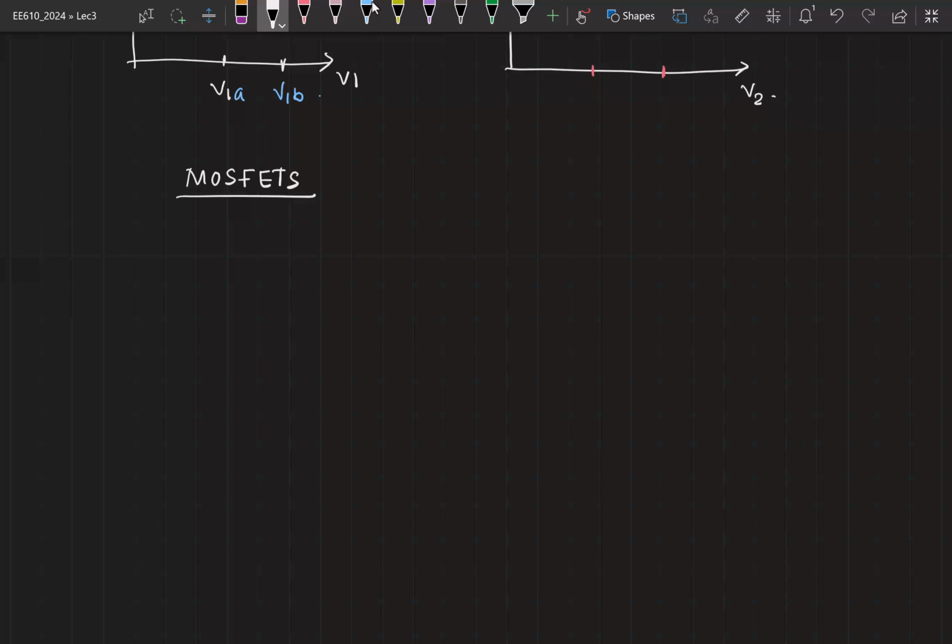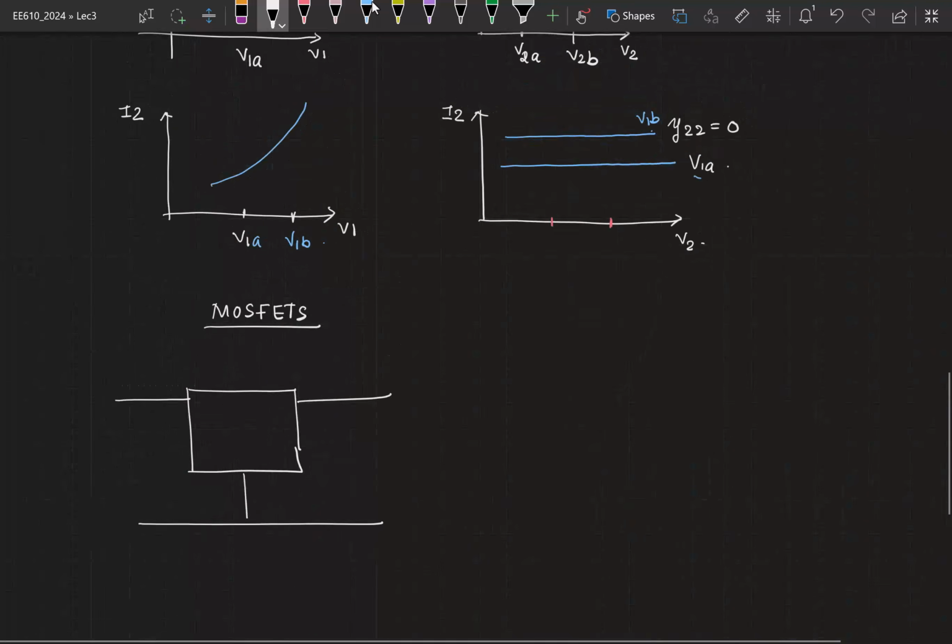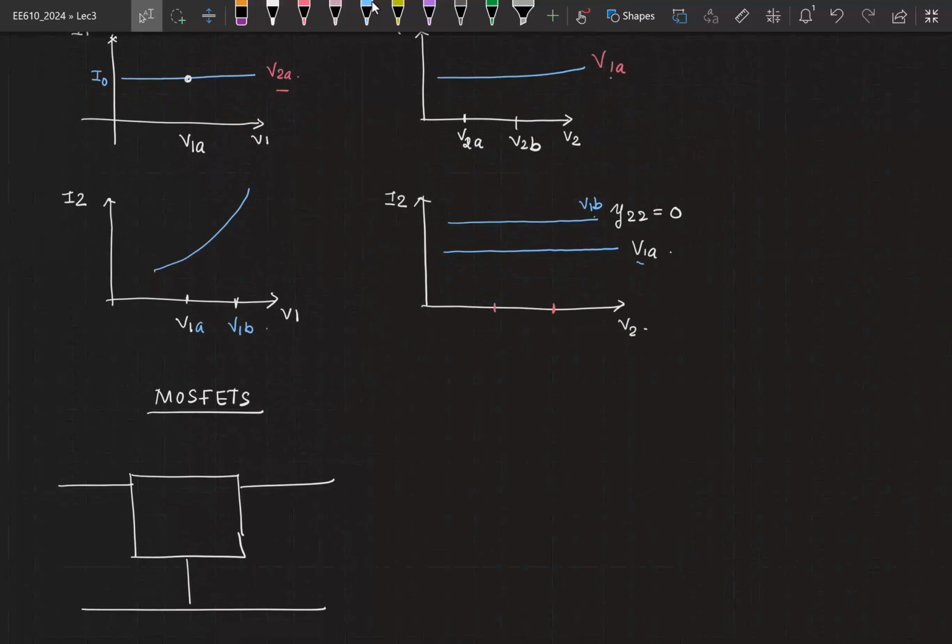We'll treat the MOSFET as a black box for now, and I'll give you its IV characteristics. Our main aim is to compare the MOSFET to a 2-port 3-terminal device and see how the IV characteristics can match up to the large signal characteristics we have seen here.